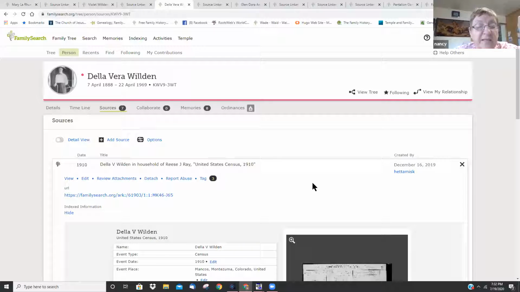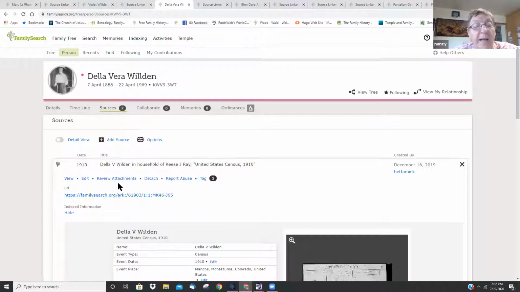But one of the things I did notice as I looked at the sources was that Della Wilden is listed in the household of Reese Ray in 1910. Who in the world is Reese Ray, and why would she be listed in his family?